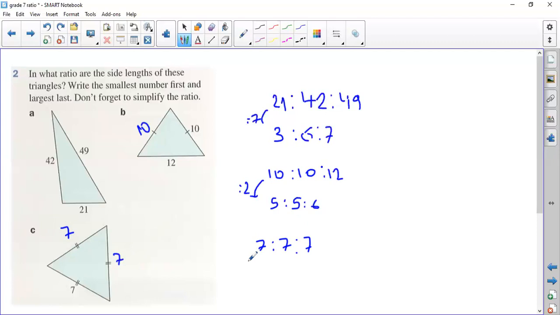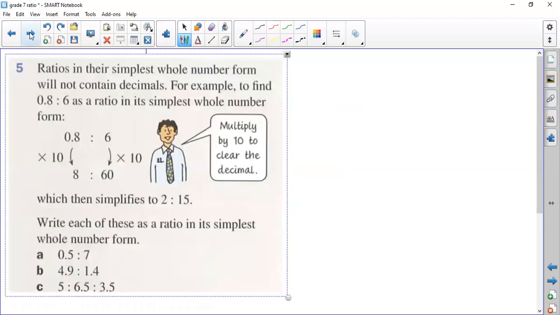I will get the ratio 1 to 1 to 1. So here we divide by 7. So the ratio of the side lengths of this triangle will be 1 to 1 to 1. We are always going to use the simplest form of the ratios. So we have to simplify them. Okay, it is easier for us.